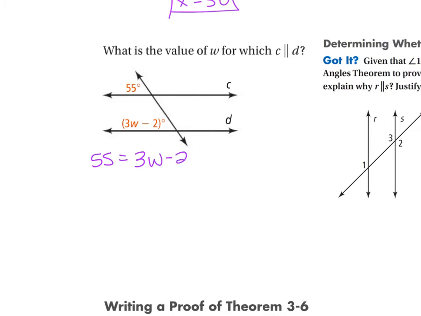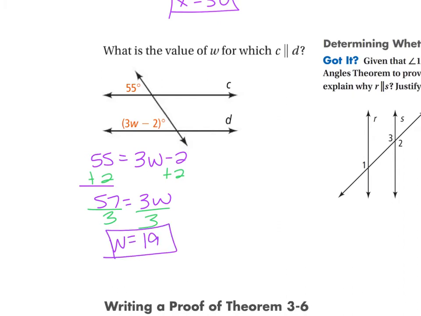That's only because they're corresponding, and corresponding angles are congruent if the lines are parallel, which it told us to assume. So let's solve it. Add 2 to both sides: 57 equals 3w. Divide both sides by 3. So w equals 19. That's it.